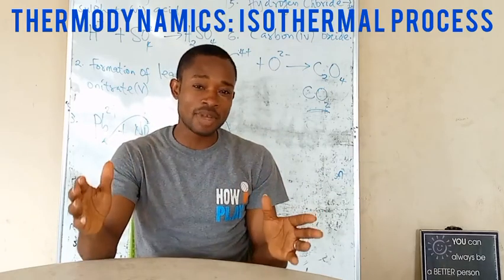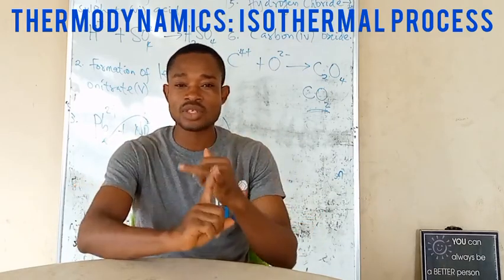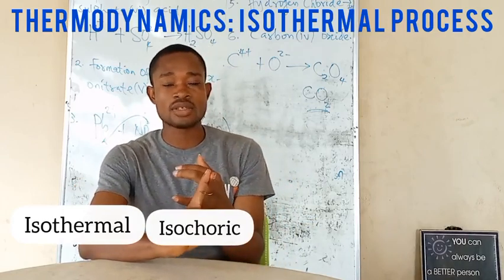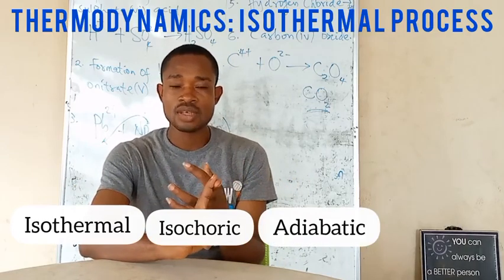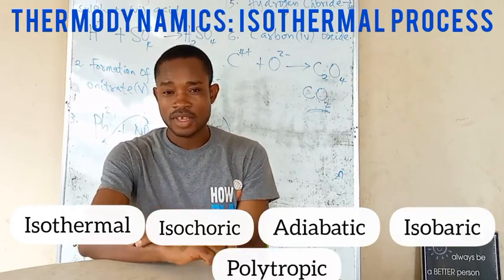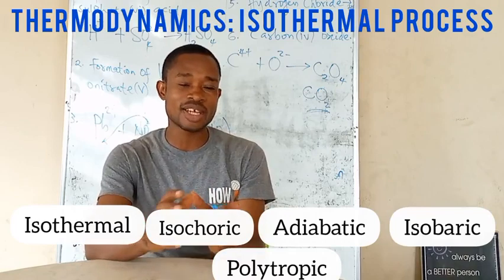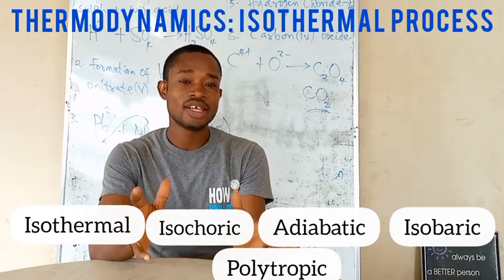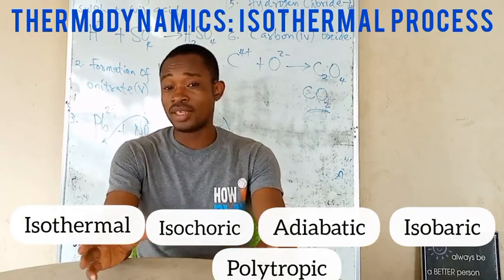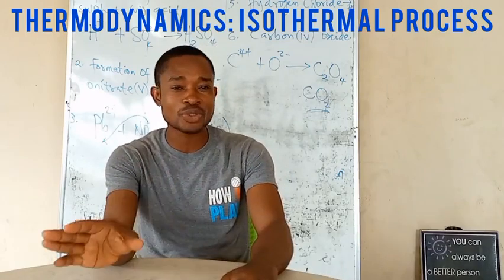And now in our thermodynamic processes, we have isothermal process, we have isochoric process, we have adiabatic process, we have isobaric process, we have polytropic process. Now each of these processes is subjected to a certain constant condition of a particular quantity. One of them is the isothermal process.